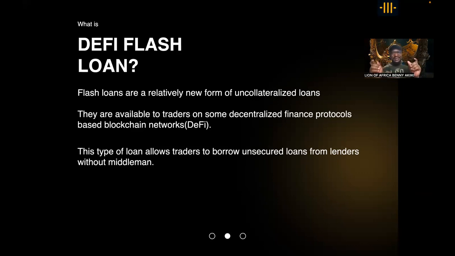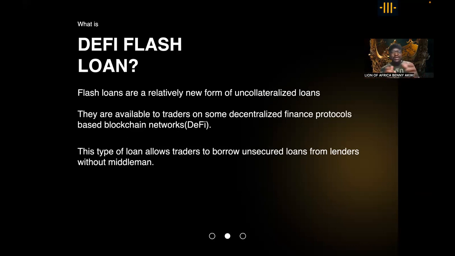You get it? Without middle people. And the flash loan will only work if there is a smart contract. In the absence of a smart contract, it will not work. And it will only come on a platform that is a DeFi. When I say DeFi, it means decentralized finance without manipulation, no middle people, no room for error in the area of a flash loan.